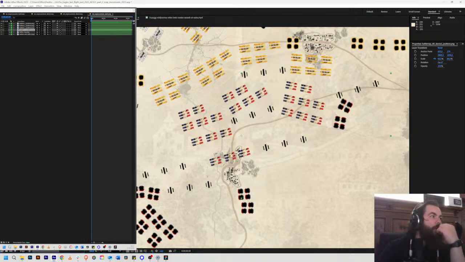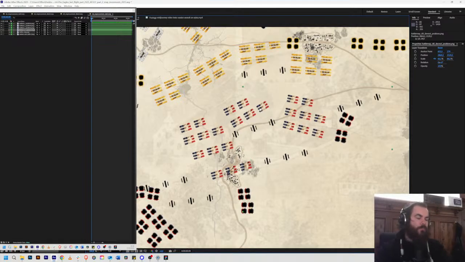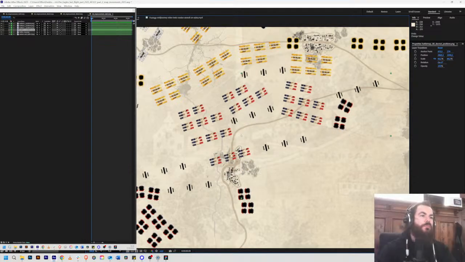So we're gonna start to build these positions. And this will be our start position.